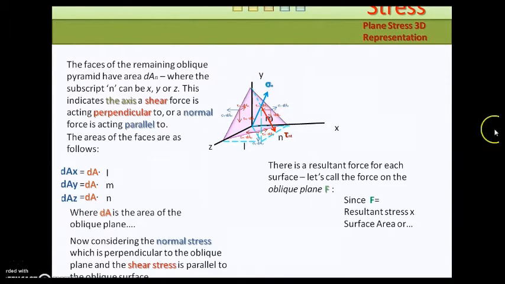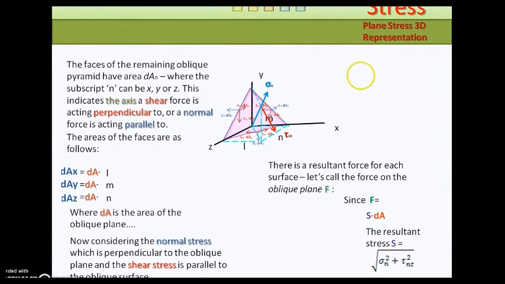So now we can see where the normal stress and shear stress exists on the oblique plane in respect to the stresses acting on all the other faces. And what we're saying here is that there is a resultant force acting in each direction. And as mentioned earlier, to get the force you multiply the stress.